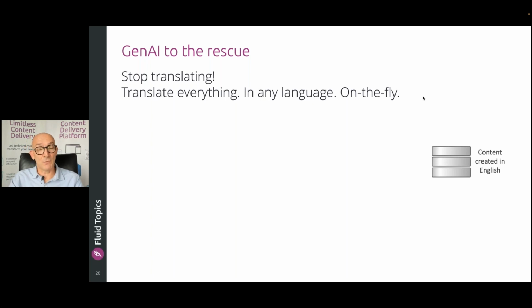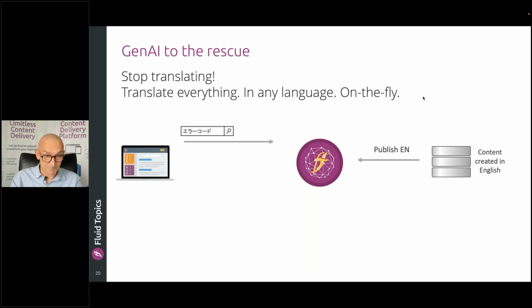If you have your content created, say, in English, you just publish immediately in English. That's it. And imagine now you have a user in Japan coming to your website, or doc website, running a search. The keywords will be in Japanese, but the content is in English, which means that if you just run the keyword directly, there won't be any results because the search engine won't find the Japanese keyword in English content.